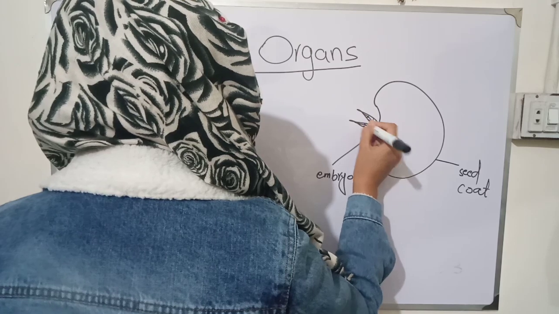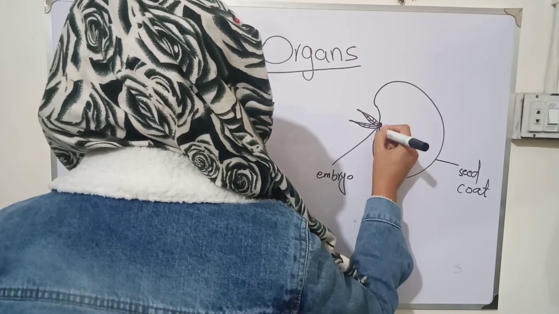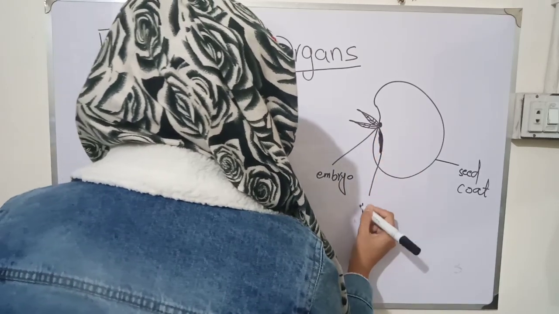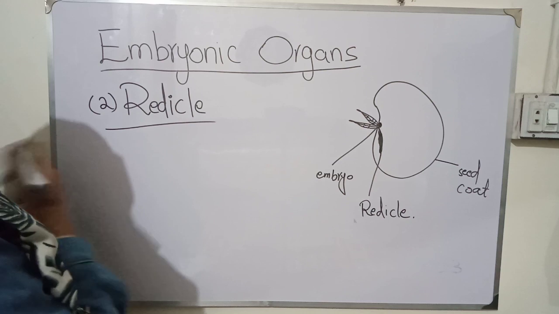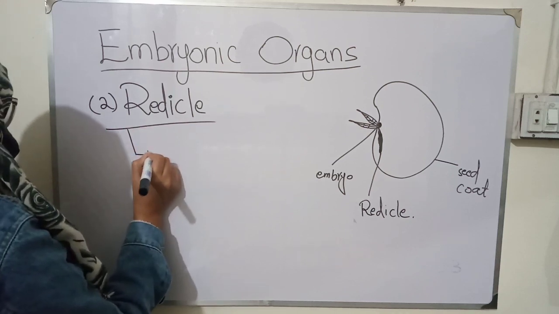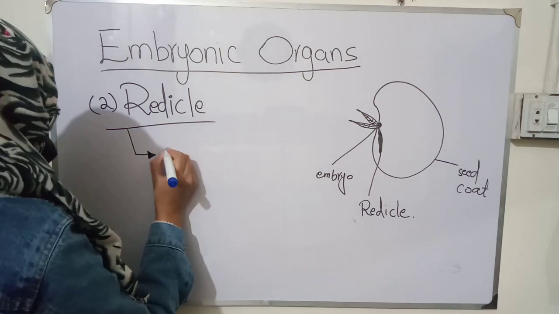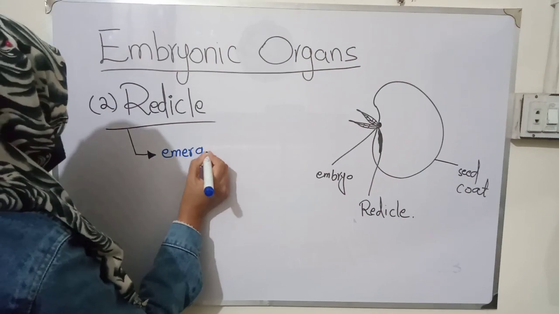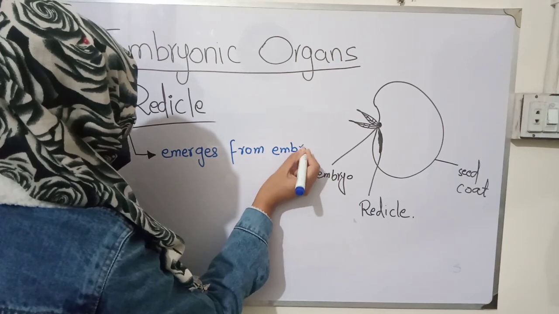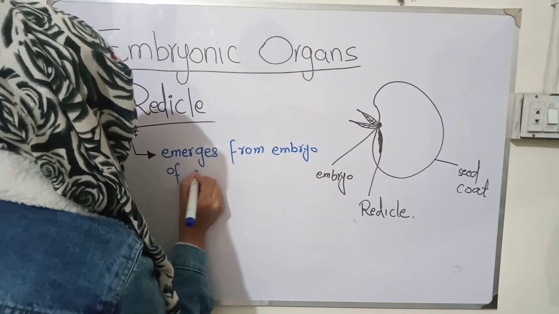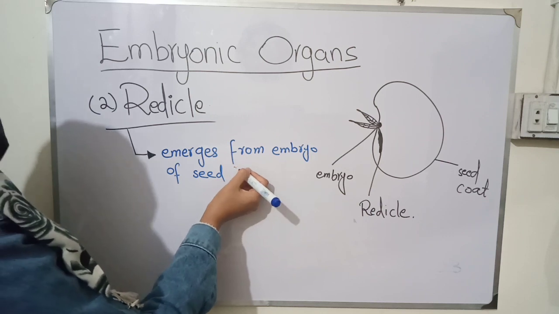This is the radicle. It also emerges from the embryo of the seed. The radicle emerges from the embryo of the seed.